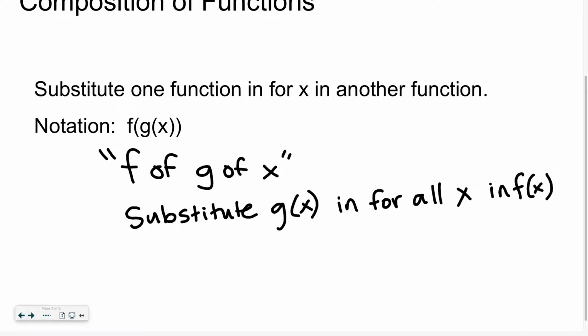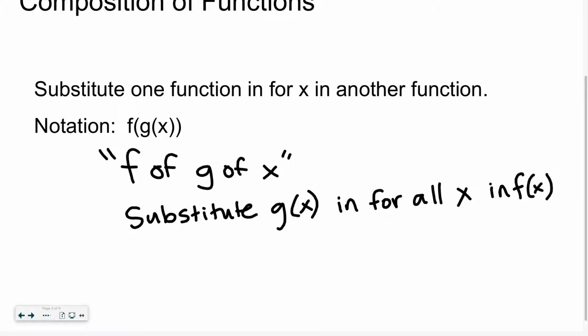So I often refer to g of x as the inside function, because in the f of g of x, it's trapped in all the parentheses. So the inside function is the one you sub in. The outside function is the one where you replace all the x's. So you kick out their x's and you drop a new function in.